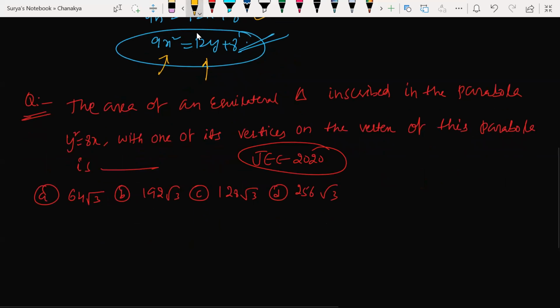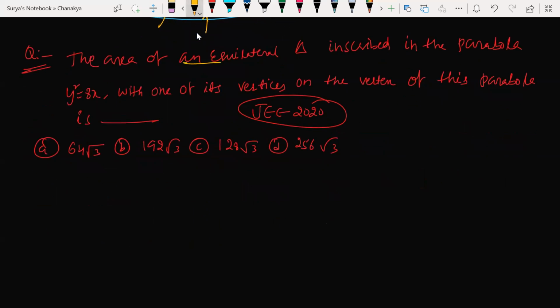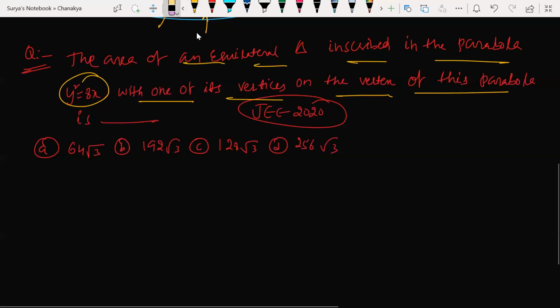Okay, so the area of an equilateral triangle inscribed in the parabola, this one, with one of its vertices on the vertex of this parabola is what?